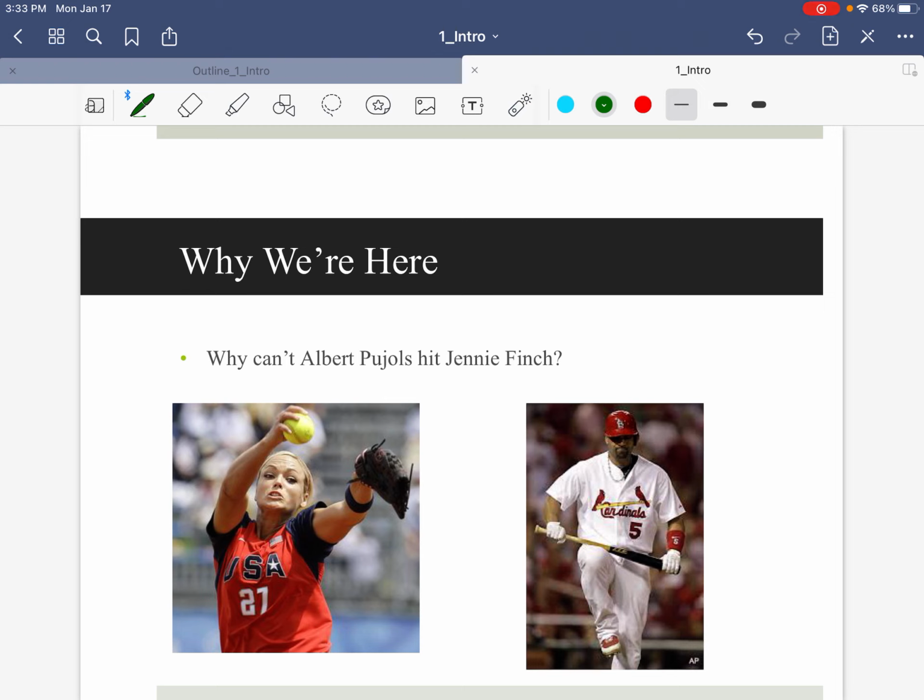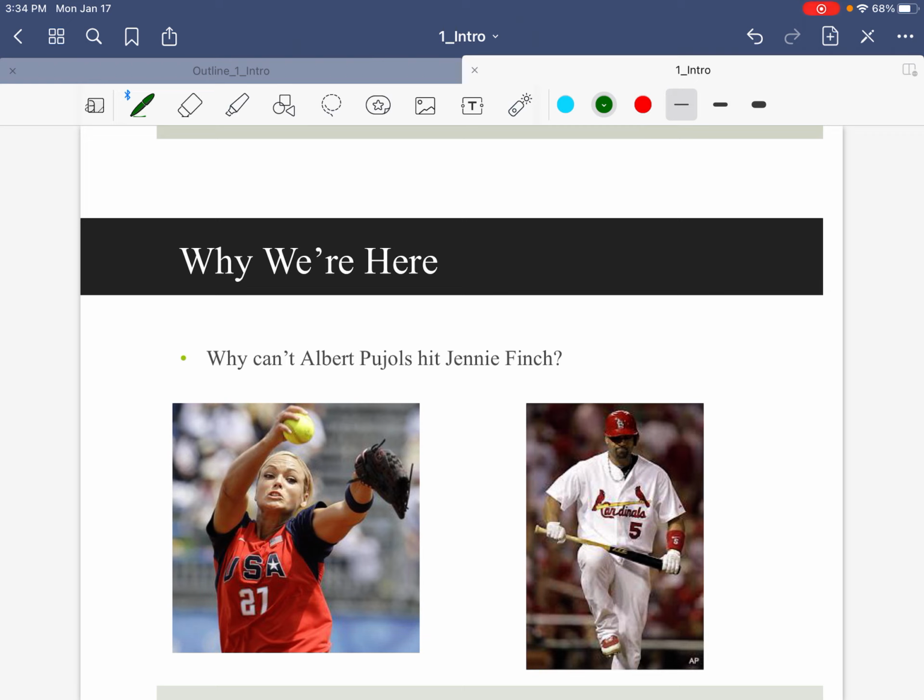This is Jennie Finch, former softball pitching great, and this is Albert Pujols. I think he's still playing with the Dodgers. Is he with the Dodgers? Anyway, years ago they got together, and Albert Pujols, a Major League Baseball hitter, one of the best hitters in the game at the time, could not hit a fastball by Jennie Finch.